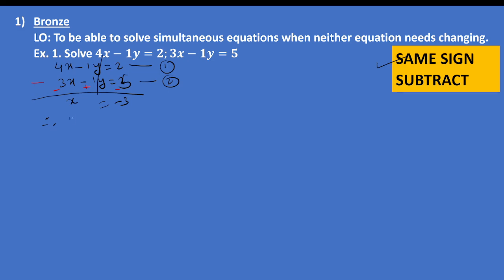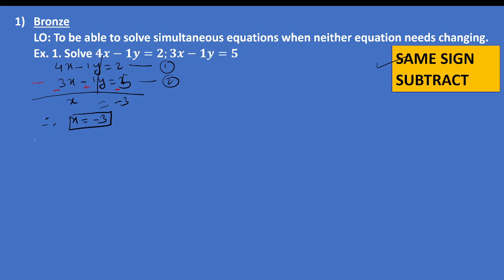So the value of x which I'm getting here is minus 3. With the help of this one variable, x equals minus 3, I'm going to get the value of the other variable as well. So now how can we get that? To get that value, we will simply put this value in any one of these equations.